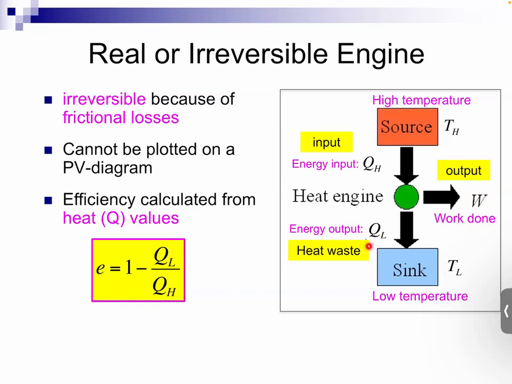Also, there could be some frictional losses as energy flows from the hot reservoir to the cold sink. And because there are frictional losses, we cannot plot the pressure and volume diagram or PV diagram of this heat engine. We know in reality, there's always frictional losses, so we call this engine a real engine as well.